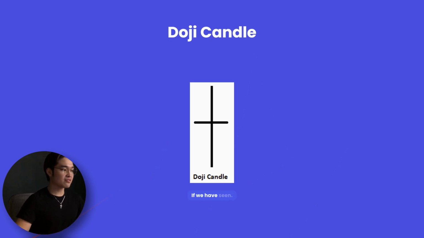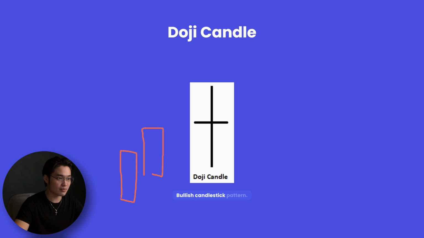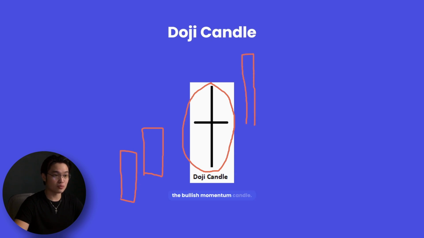What do I mean by continuation candle formation? Let me annotate so you can see it more clearly. If we have seen a candlestick like this, let's say a bullish candlestick pattern, and then it comes to the doji candle as a pausing or indecision candle, then the next candle after the doji can be the follow through, the bullish momentum candle again.